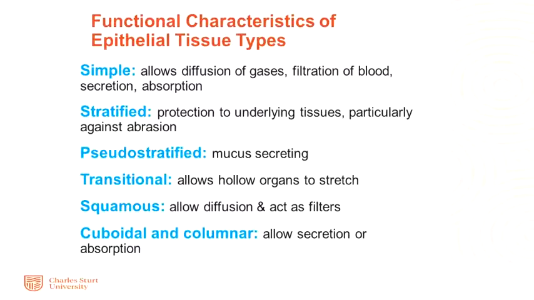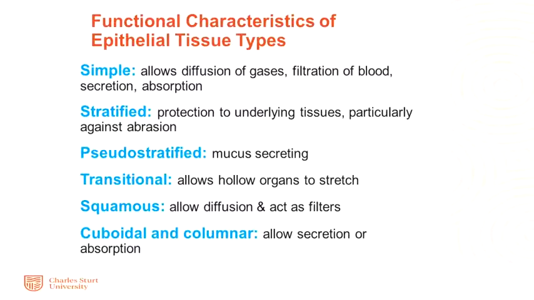We also have stratified, so this is multiple layers of cells, so they're going to be found in areas that are involved in protection, so protection to underlying tissues, particularly against abrasion. But because it's stratified, there's multiple layers of cells, so it's more difficult for things to move through stratified epithelium.